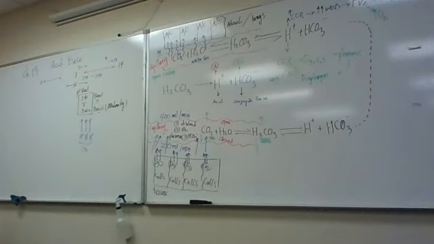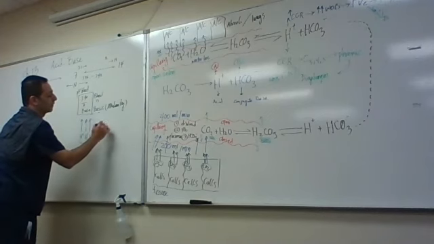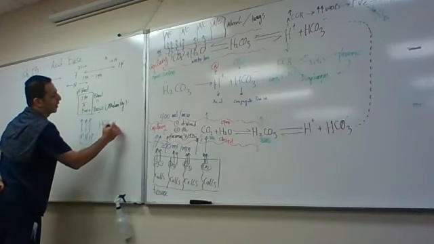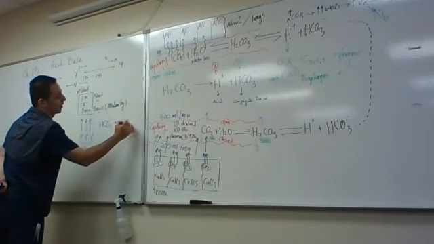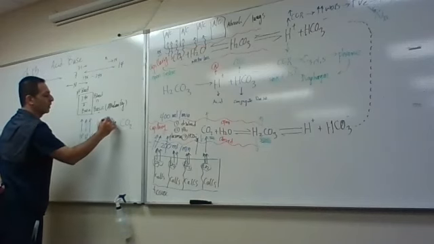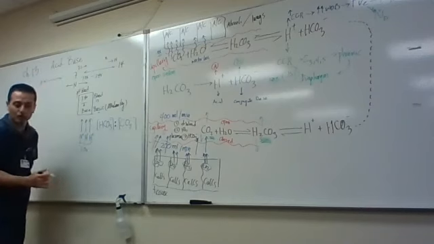So what it says is the ratio of bicarb to CO2, there is a ratio in between. And the reason we put it in a bracket is that we're talking about concentration.